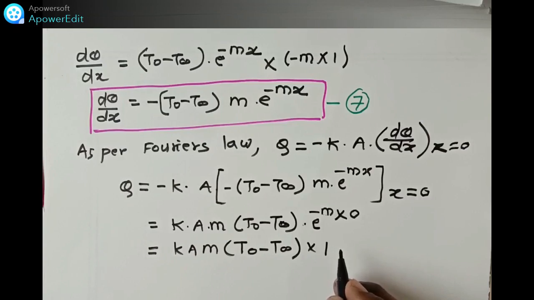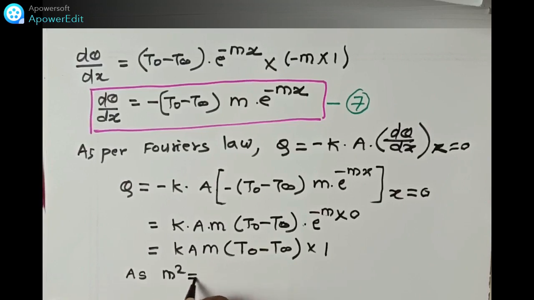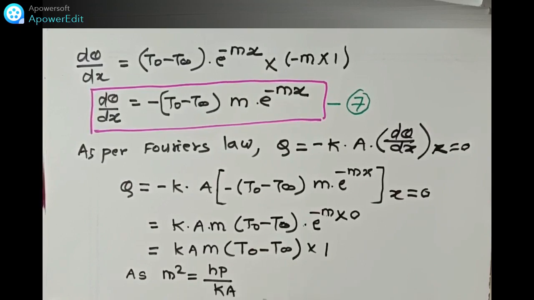So here we will have next step. Now as we know m square is equal to hp by ka, means m will be what?